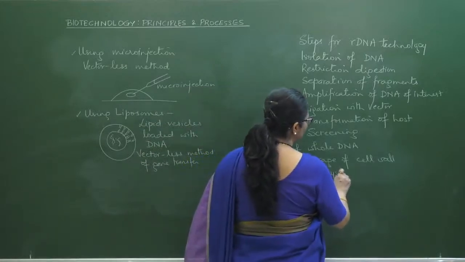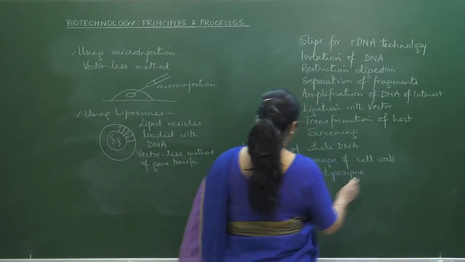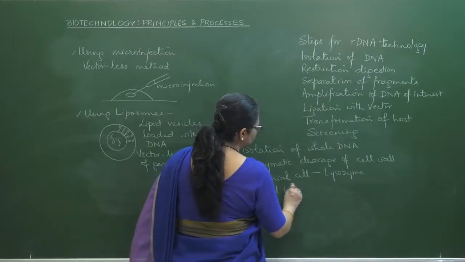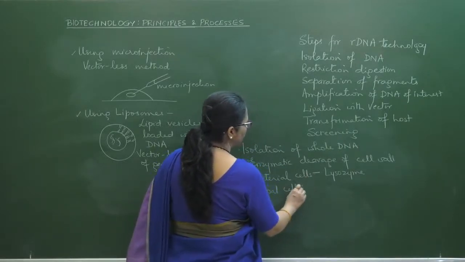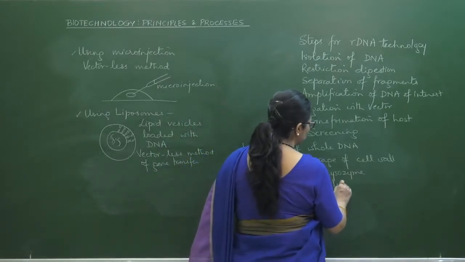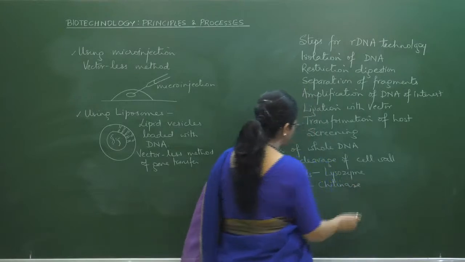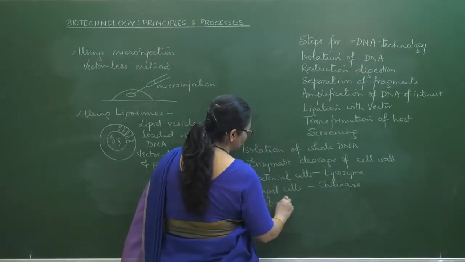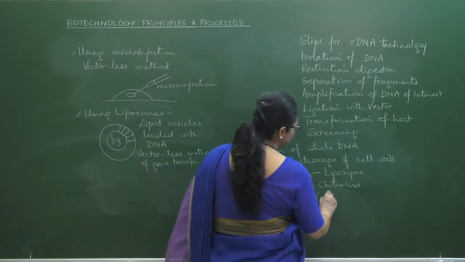So we will be using lysozyme here. If it is fungal cells, fungal cells have a cell wall of chitin, so here we would be using chitinase. And if it is plant cells, then we would be using cellulase.